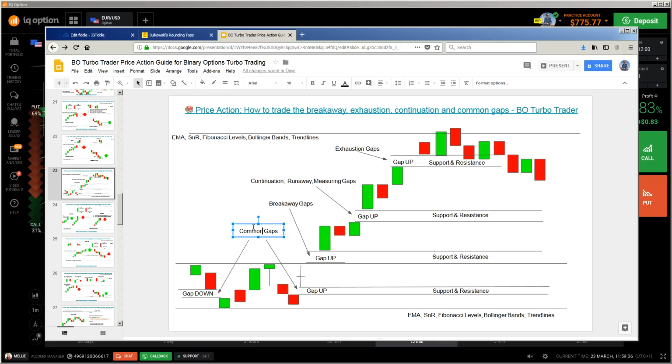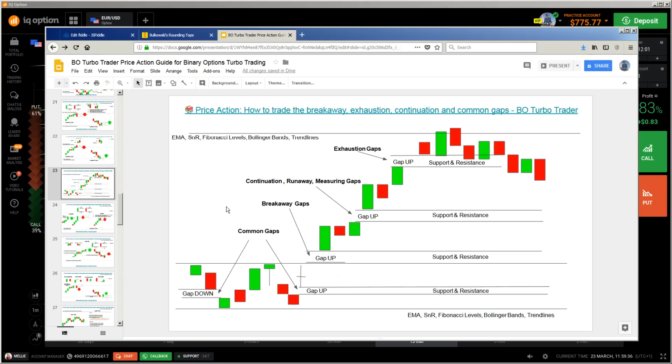Let me see if I can make this a little bit bold. Breakaway gaps: if there's a breakout, then we have these continuation gaps in the continuation of a trend, and at the end, the indication that there may be some kind of reversal coming up is the exhaustion candle. That is how you can identify the market direction.